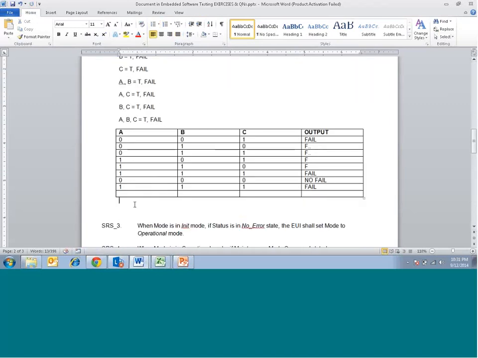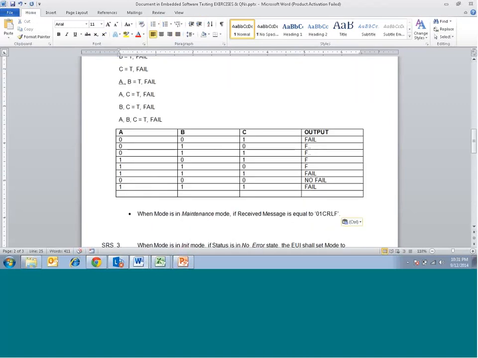So input is mode, maintenance mode, and receive message is 01 CR LF, right? That we have already tested. This will become fail.